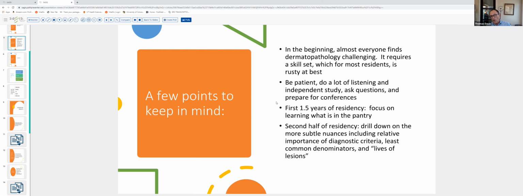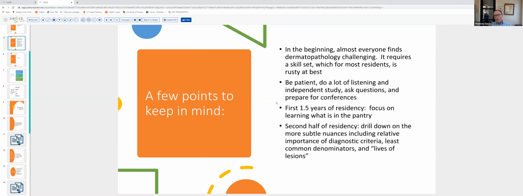You probably haven't thought too much about looking at microscopic images since medical school. So give yourself some grace, be patient, do a lot of listening, be prepared to do a lot of independent study, and ask a lot of questions. And I can't underscore enough that you need to take the time to prepare for the conferences that are offered at your various academic institutions.